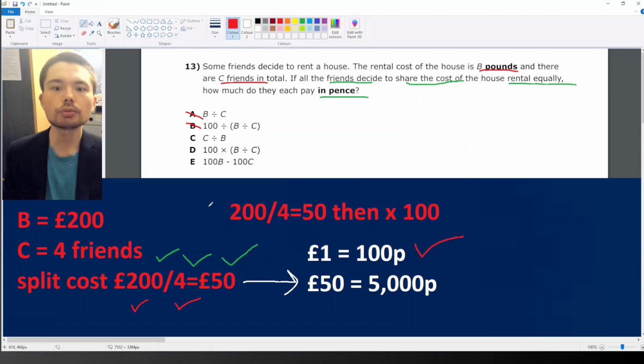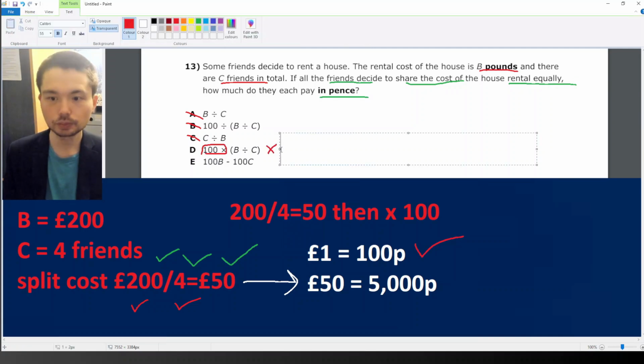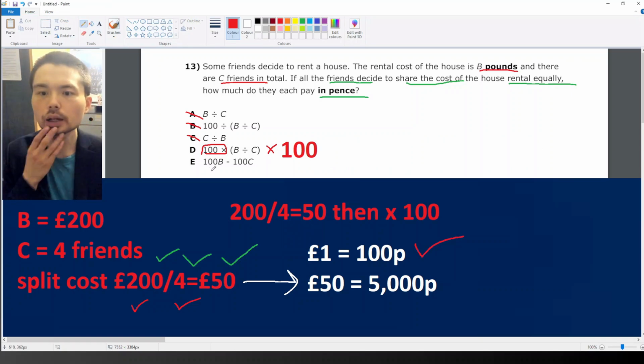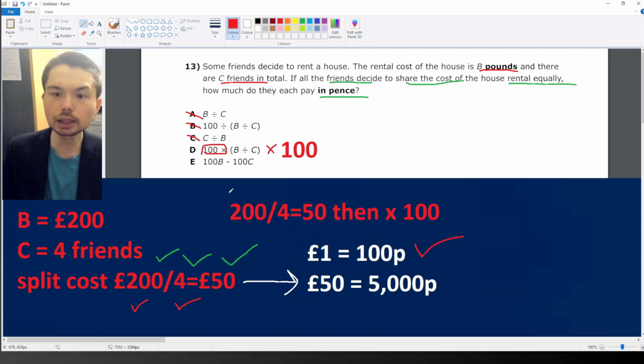C, that's just totally wrong. D, yep, that looks good. They're being really tricky. They should put that times by 100 here. So D is the answer, and B, that looks like you're multiplying both by 100 and then taking them away. But we're not taking away, we are dividing them. We're sharing the amounts between the friends, so D is the answer.